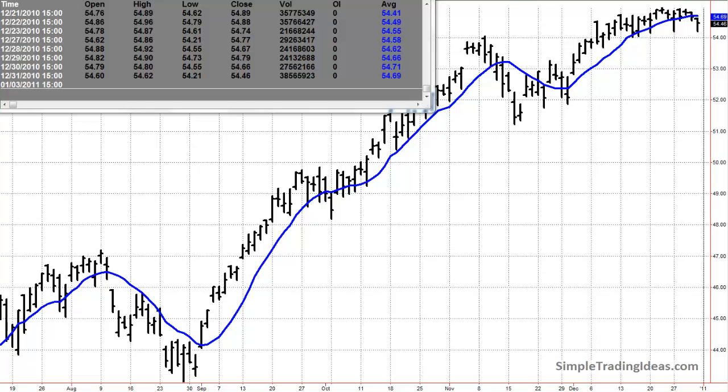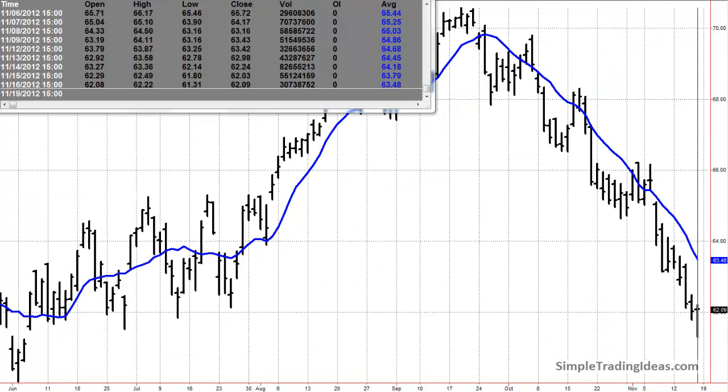And as we're looking at our data window, I'm going to grab some more recent prices. As you can see here, this ends in 2011 on the first day. Right here. So we're going to move on to more recent prices and take a look at the moving average as well.